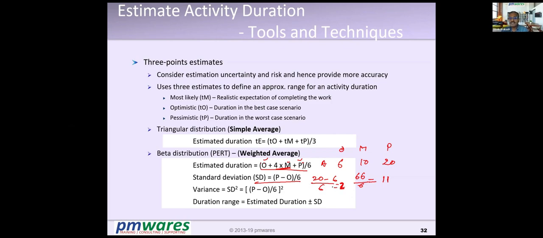So that means activity A will complete in 11 plus or minus 2 days. That is the standard deviation. So it will complete somewhere between 9 to 13 days. So what I'm saying is, okay, the mean time is 11 days, but this activity may finish somewhere between: if everything goes fine, it will complete in 9 days. If things are not favorable, then it will take 13 days. This is a much better forecast than just giving a fixed number.